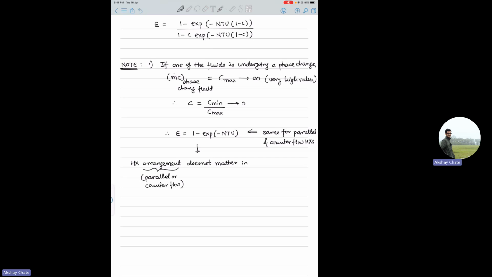It does not matter if one of the fluids undergoes phase change. So, for example, if it is water condensing or water evaporating in a boiler, it doesn't matter whether it's parallel flow or counterflow; you'll get the same effectiveness, because this correlation boils down to the same formula for both.